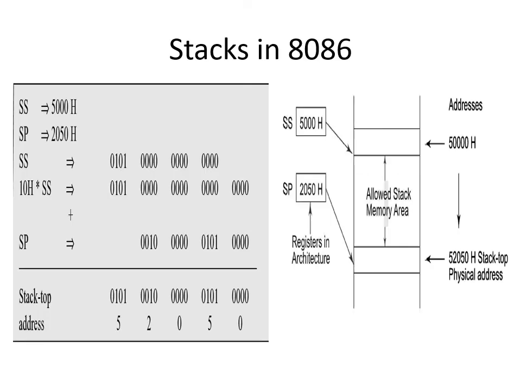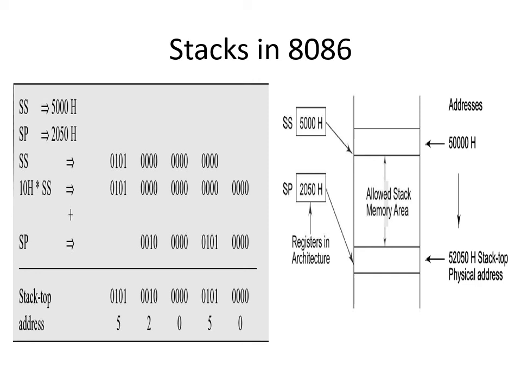This is an example for calculating the physical effective address within a stack segment. Your stack segment register has 5000H and your stack pointer register has 2050H. Both are 16-bit offset addresses.